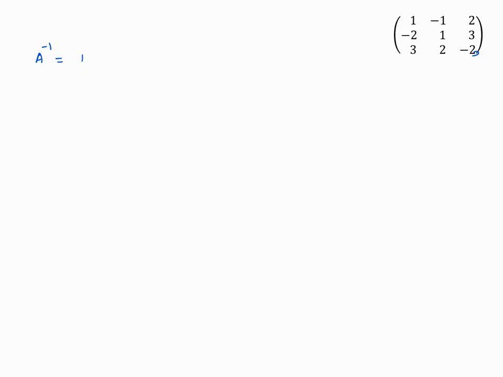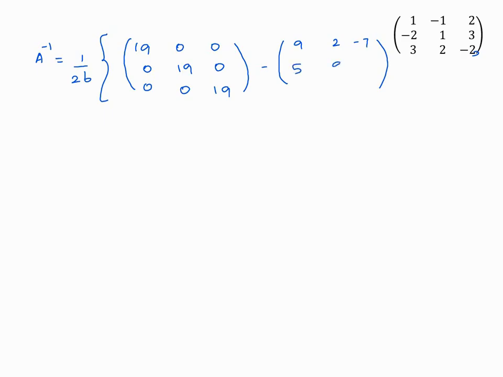A inverse is equal to 1 over 26 of 19I minus A square minus A. The 19I is 19, 0, 0, 0, 19, 0, 0, 0, 19, minus A square value we found previously: 9, 2, -7, 5, 9, -10, -10, -7, 21, minus A value: 1, -1, 2, -2, 1, 3, 3, 2, -3. Now we simplify.